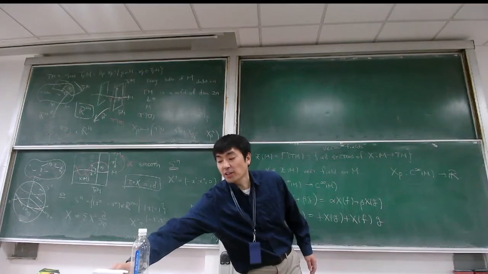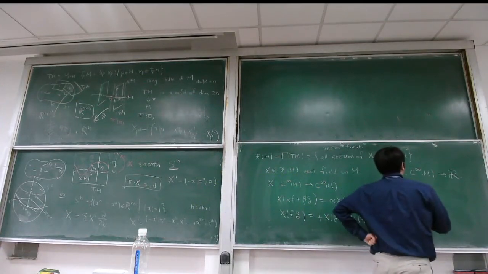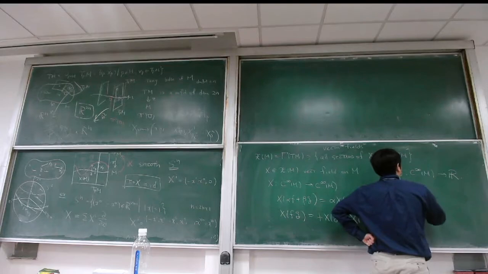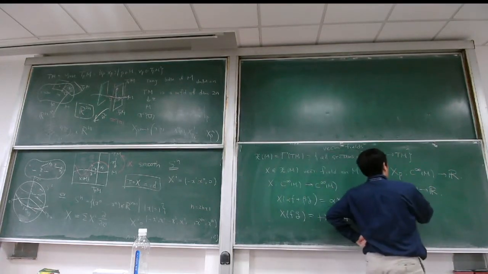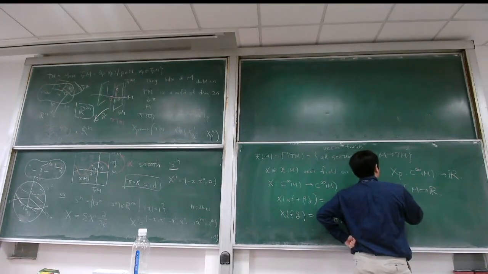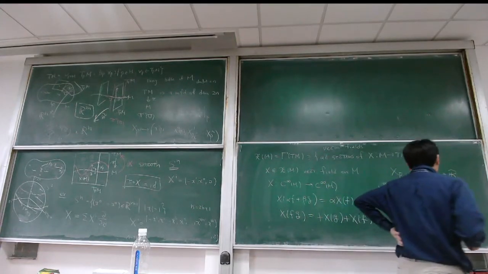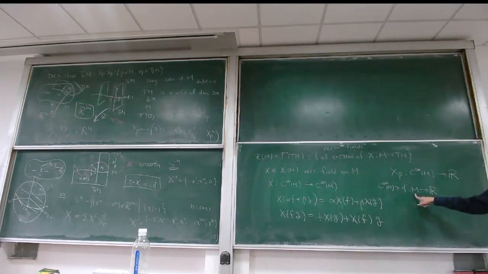So let's consider f, an element of C infinity of M, by definition. And you just consider the graph. I mentioned the graph, right? You just consider the product M cross R, and f is mapped to its graph, gamma f.